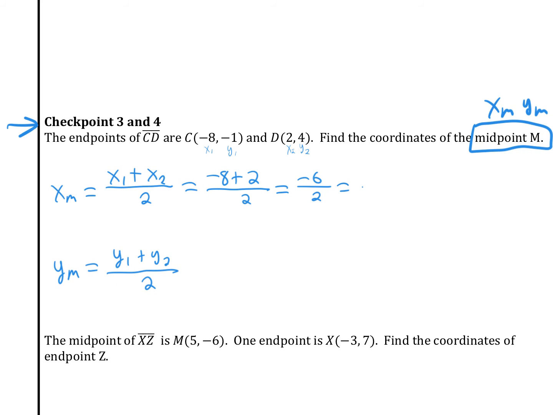That is negative 3. For y sub m, y sub 1 is negative 1 plus y sub 2 is 4, all over 2. Negative 1 plus 4 is 3 over 2. Can we reduce that or not? We actually can't. It's 3 over 2.